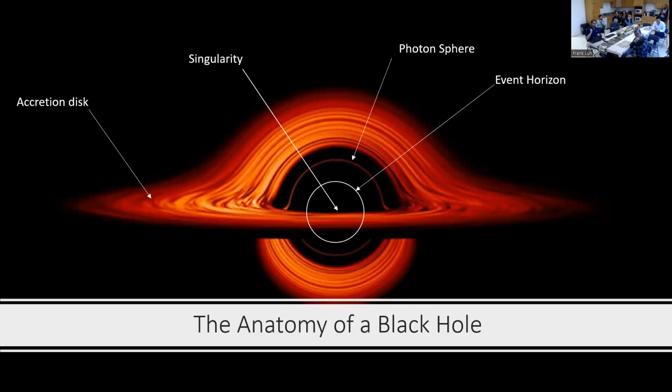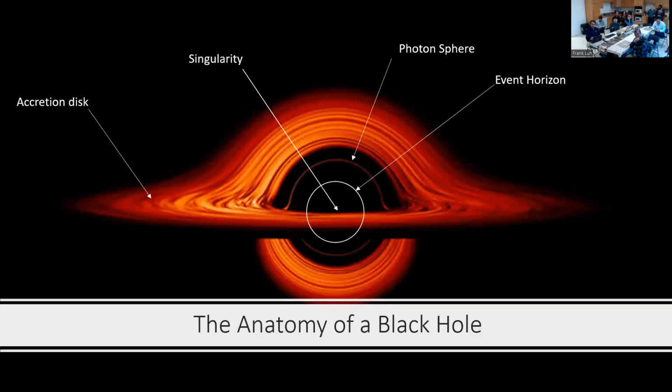And around that singularity, you have an event horizon, which is basically the point of no return, where past that point, your escape velocity needs to be greater than the speed of light to escape, and that's impossible due to relativity. So basically anything that enters that point is stuck there. You also have a photon sphere, which is the innermost stable orbit that a photon can orbit around. It's either orbiting there, and any closer, it either has to follow a pathway or space line that leaves the black hole or enters it.